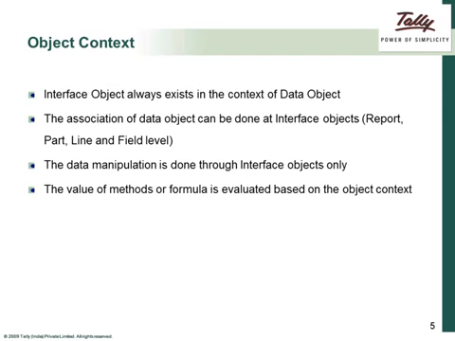The remaining 8% could be at the report level. There's a chance of 2% to be at the part level, and in the rarest of the rarest cases you will see that you have done the data object context at the field level. Am I clear?